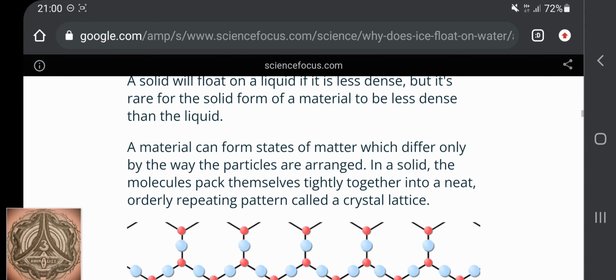crystal lattice. A material can form states of matter which differ only by the way the particles are arranged. In a solid, the molecules pack themselves tightly together into a neat, orderly repeating pattern called the crystal lattice.